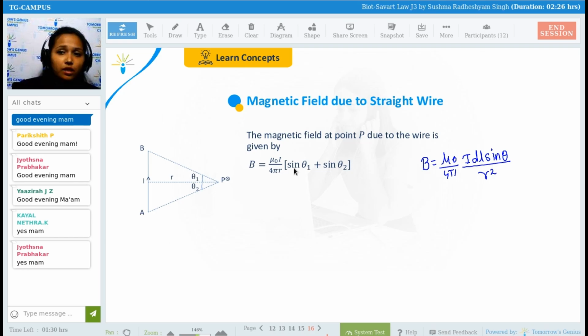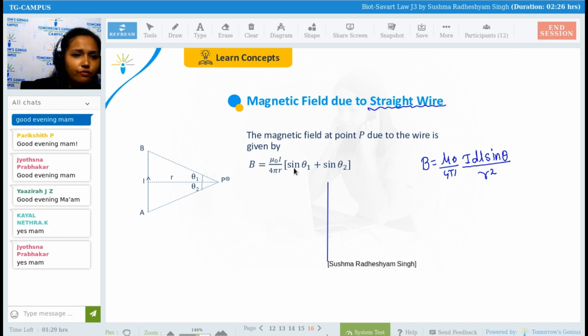Okay, now we find what is the magnetic field due to a straight wire. Now our work is the derivation of the magnetic field due to a straight conducting wire. So if I put a straight conducting wire, and current I is flowing in that wire, I don't know the actual length of the wire, because it may be of infinite length, in the sense very large length.